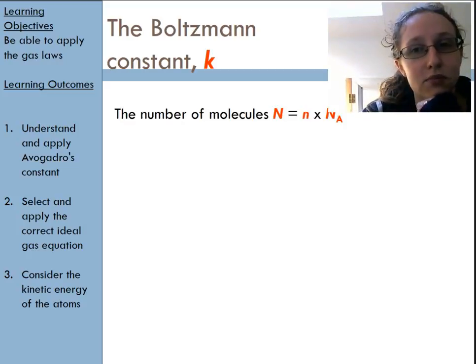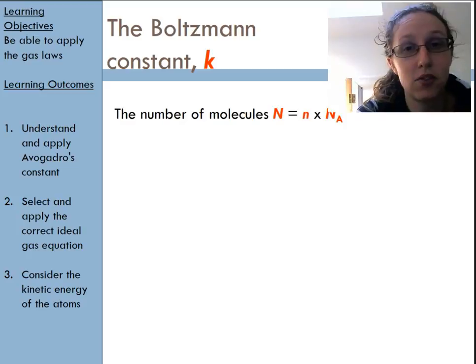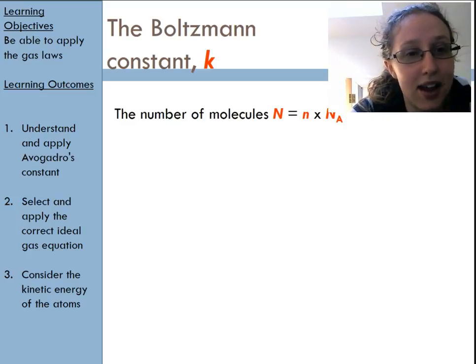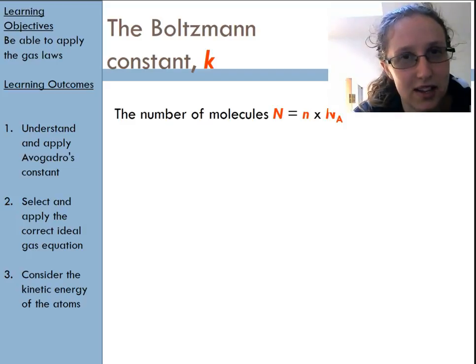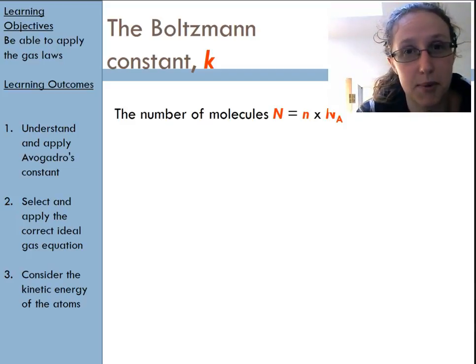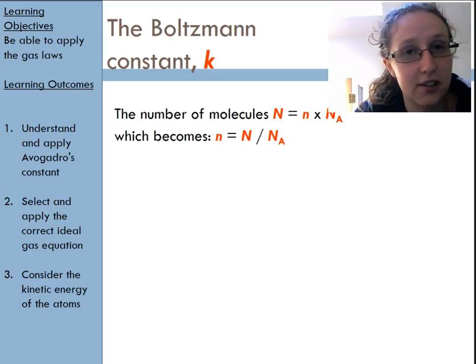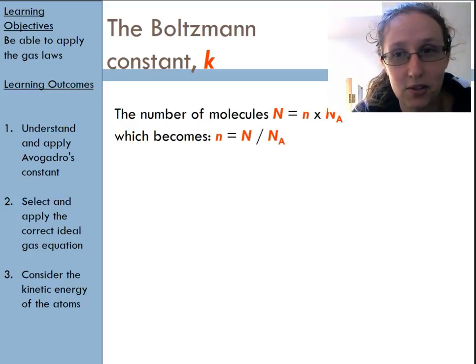We're going to go back to what we talked about with Avogadro's constant. I have the number of molecules as my capital N, which is why I said the capitalization matters. The number of molecules is equal to the number of moles times Avogadro's number. If I rearrange that, the number of moles equals the number of molecules divided by Avogadro's number.